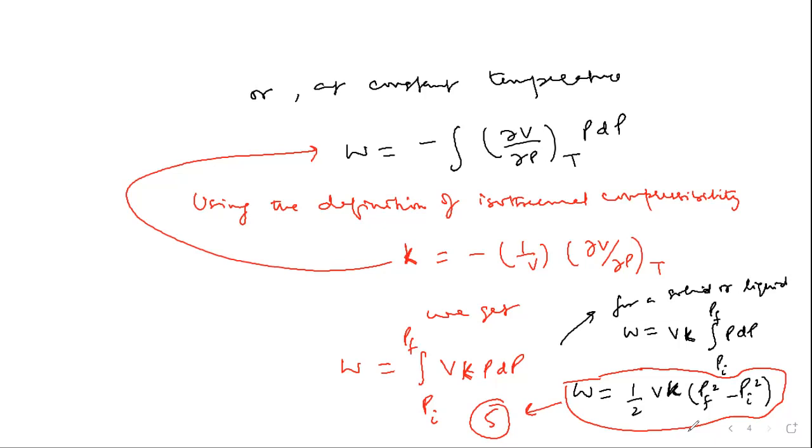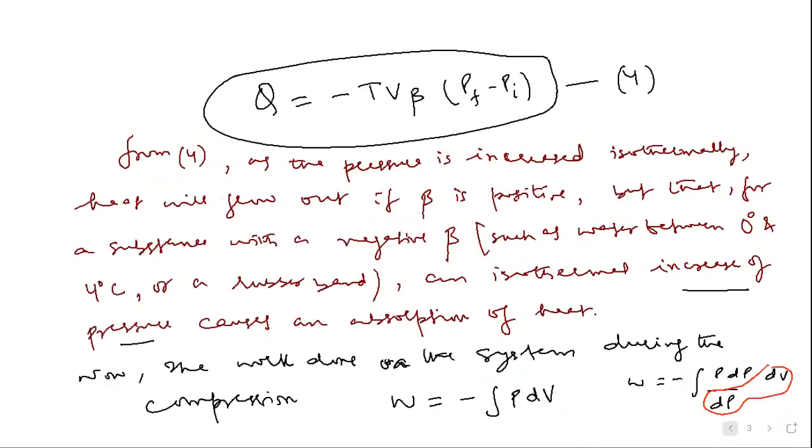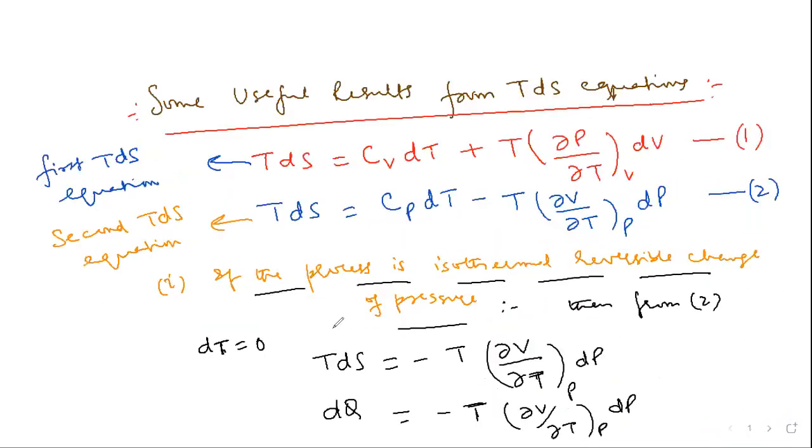Let's move to the next result. Let me write it second. We discussed the first: the process as an isothermal reversible change.